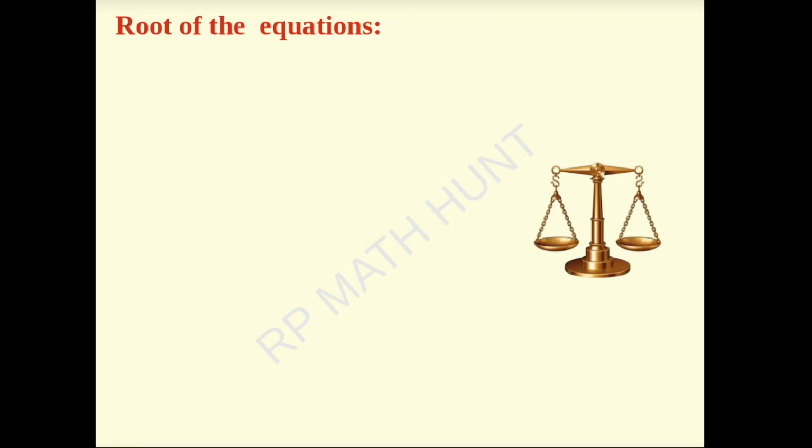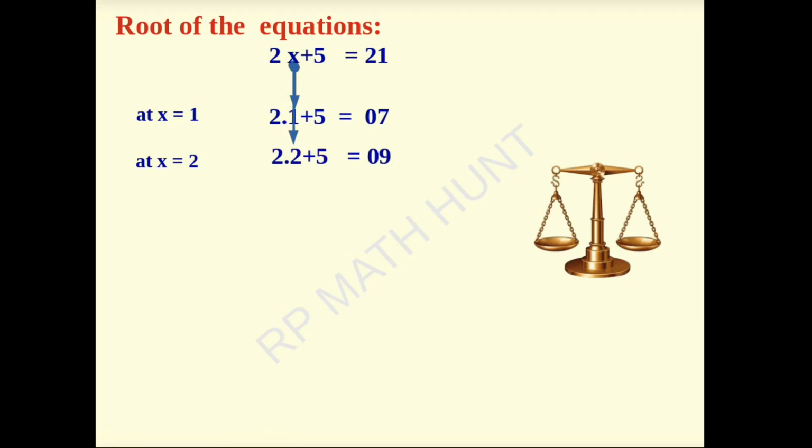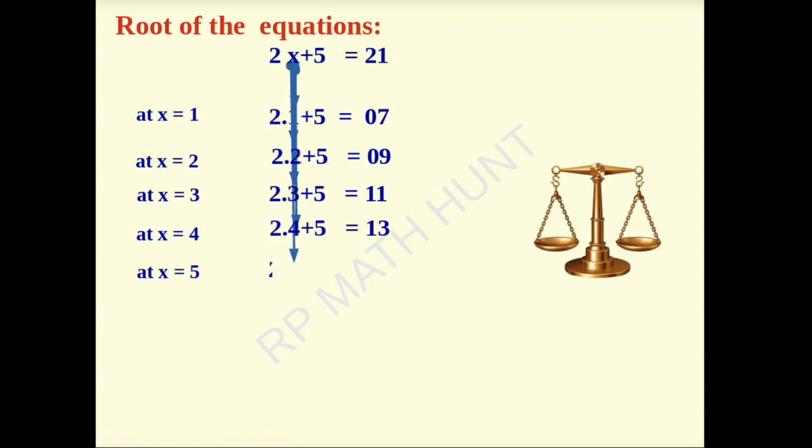For another problem, 2x plus 5 equals 21. Now at x equals 1, 2 into 1 plus 5 equals 7. At x equals 2, 2 into 2 plus 5 is 9. At x equals 3, 2 into 3 plus 5, 6 plus 5 is 11. At x equals 4, 2 into 4 plus 5 equals 13. At x equals 5, 2 into 5 plus 5 equals 15.